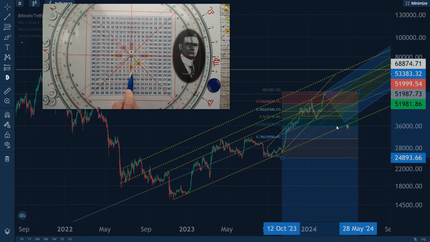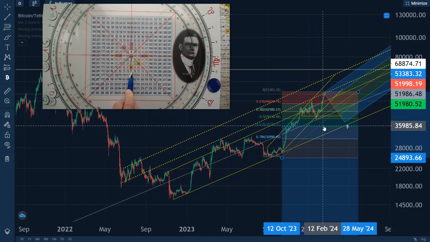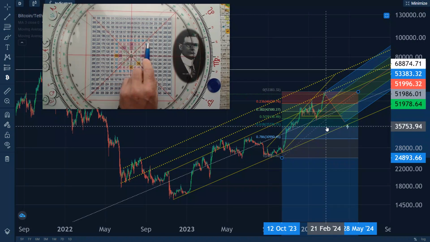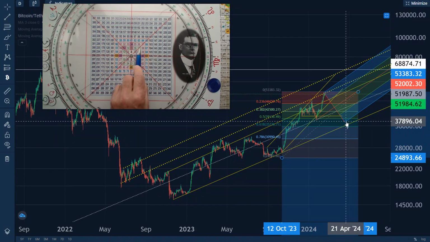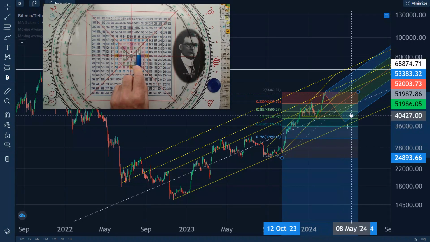Our 618, from this bottom area to this top, would represent right here at 36,000. And 36,000 is on this strong point right here. I would expect that we would be getting a lot of traction around this area, in my opinion.